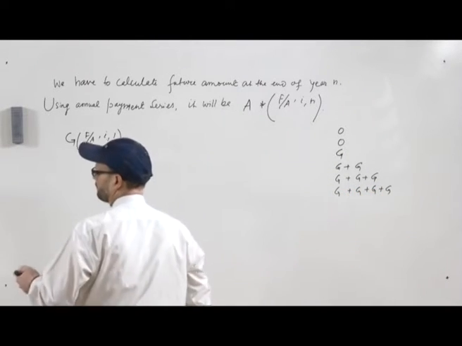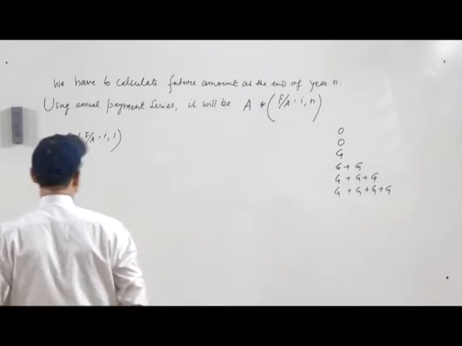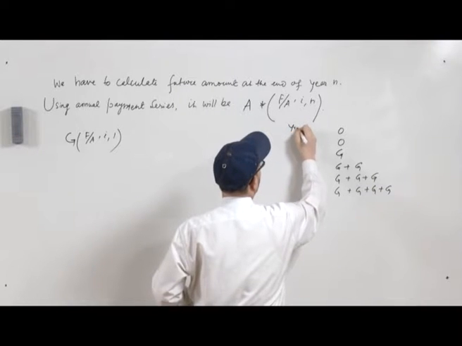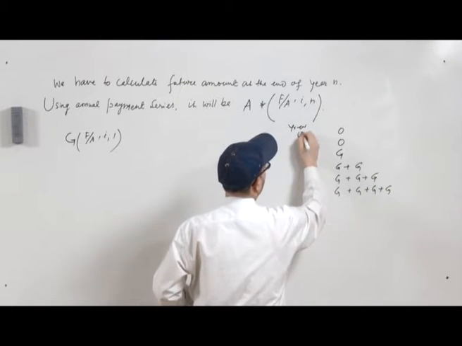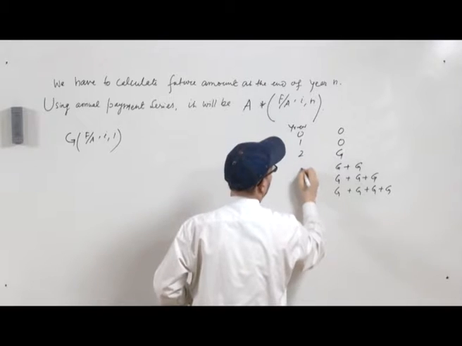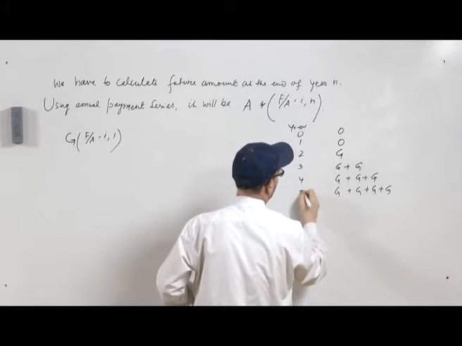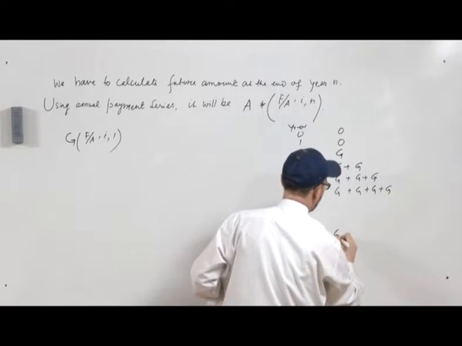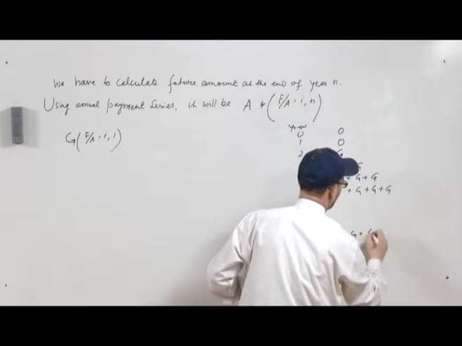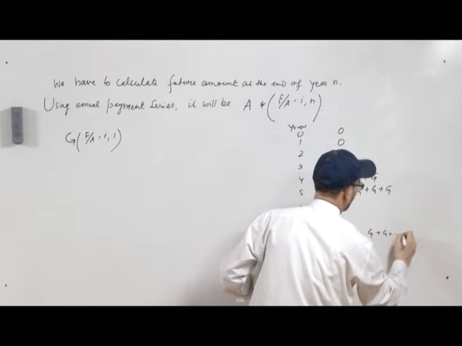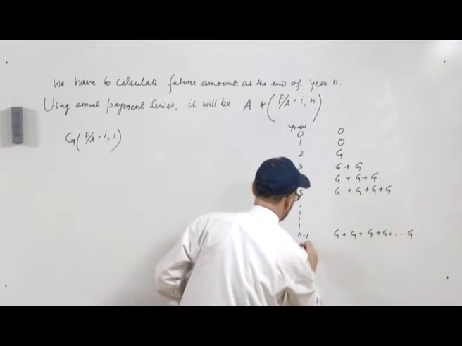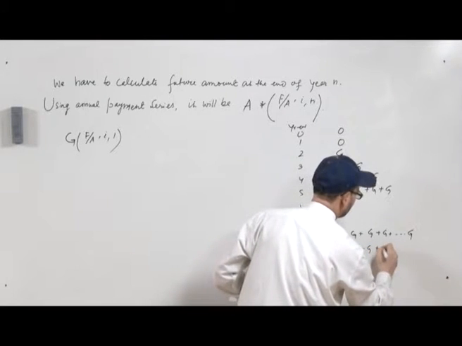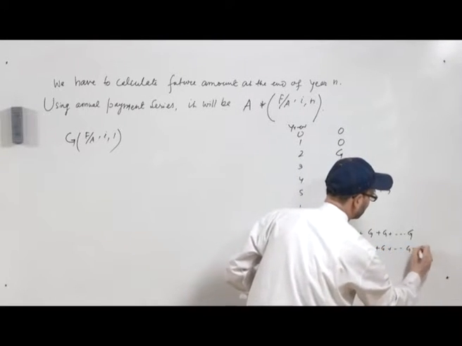So, basically we have seen this table, year end 0, 1, 2, and in the nth period it will be g plus g plus g plus g plus g plus g.